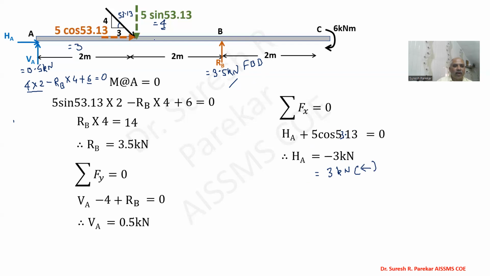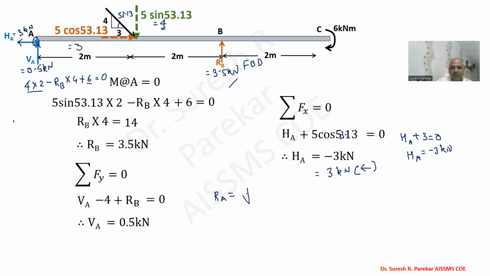So we have to reverse this arrow, and we have to show the correct direction. Ha equal to 3 kilonewton. Instead of this, you can directly write Ha plus 3 equal to 0, and we will get Ha minus 3 kilonewton.